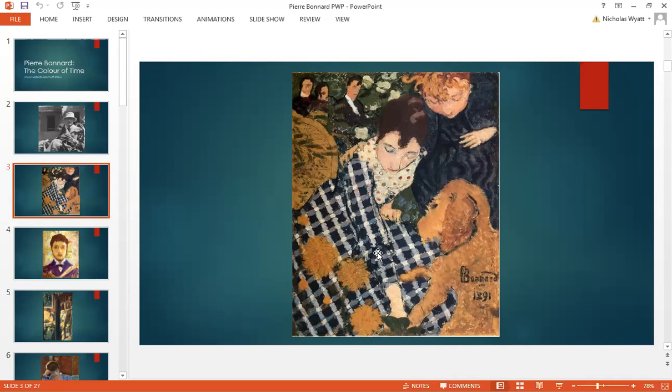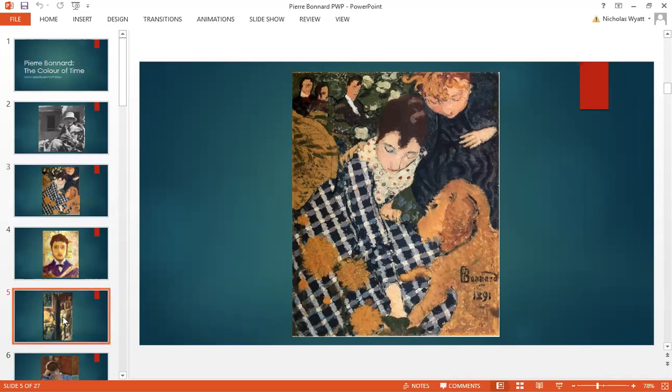And Bonnard and these other artists formed a group called Les Nabis, that's N-A-B-I-S, Nabis. And it was sort of given the nickname of the Intimists, because their paintings were very often about Parisian interiors, the domestic scene.